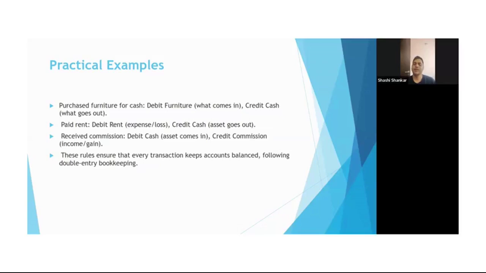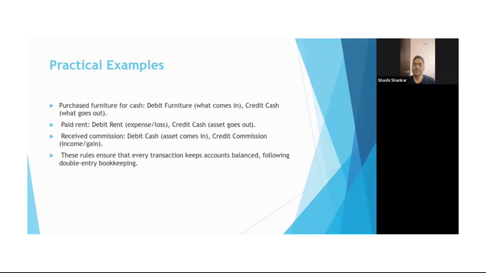Commission is a nominal account. The rule for the nominal account is that all incomes and gains are credited. Commission income is a kind of gain, so it is credited. And debit cash: an asset comes in, cash comes in, so it is debited. These rules ensure that every transaction keeps the accounts balanced.